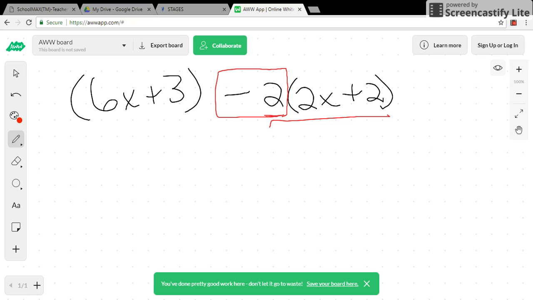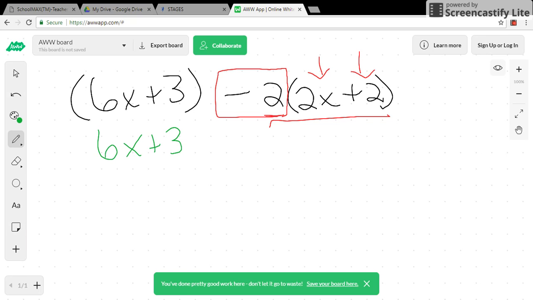So with the distributive property, everything inside these parentheses, both the 2x and the 2, have to be taken away. So the first thing that we're going to look at is the 6x plus 3. Inside of that, those are not like terms, so we cannot add them. So for right now, that just comes straight down.